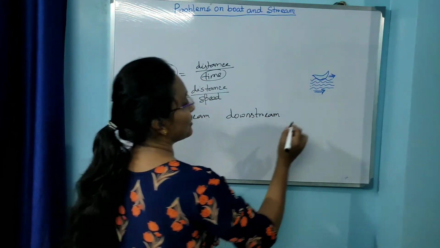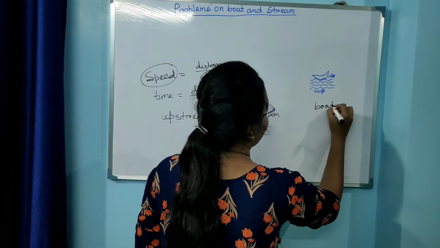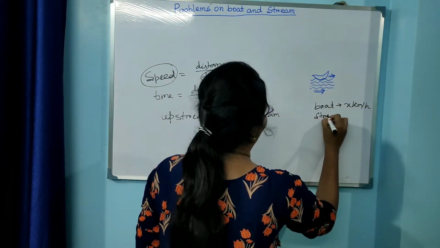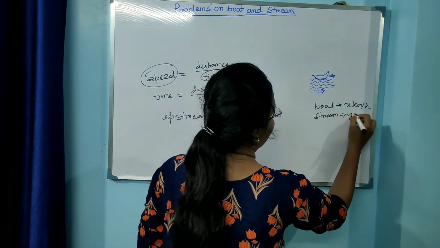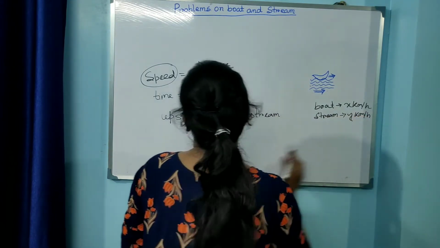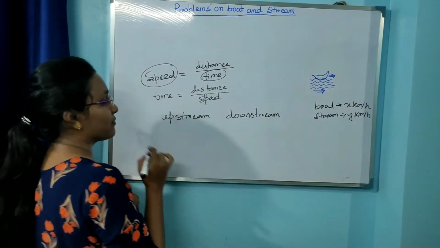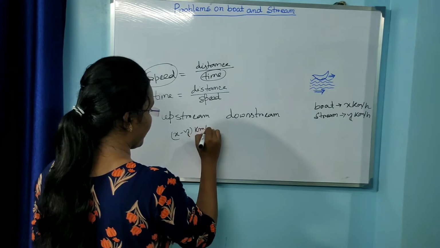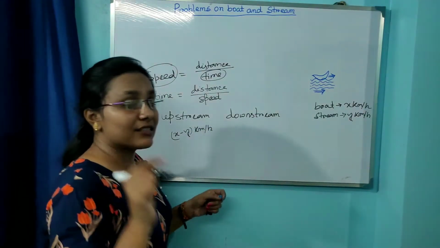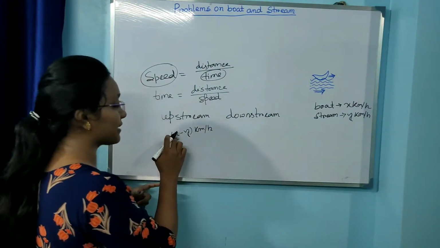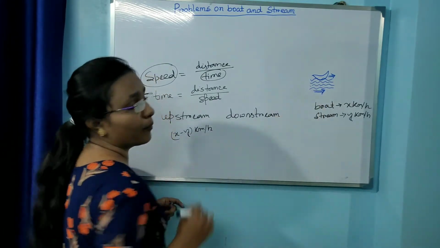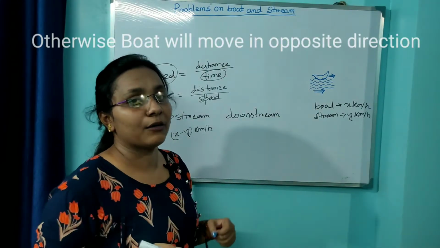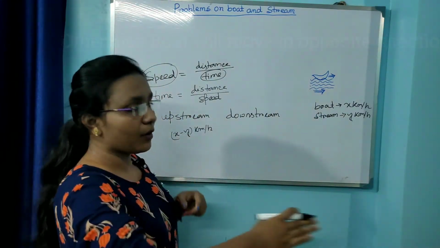So, if the speed of the boat is x km per hour and the stream or river is y km per hour, then the speed in upstream must be x minus y km per hour. You must subtract the speed of the stream from x, where x is the speed of the boat. If the speed of the boat, that is x, is greater than y, then the boat will move.